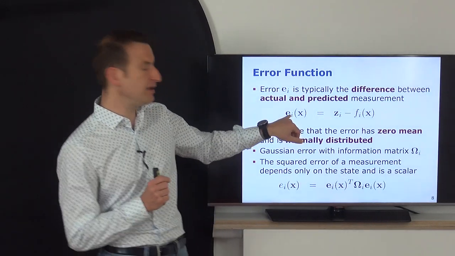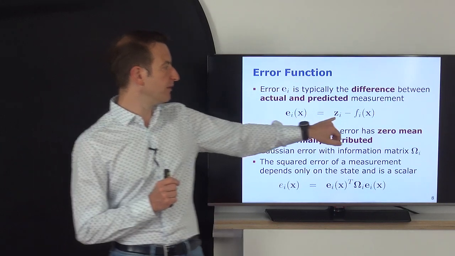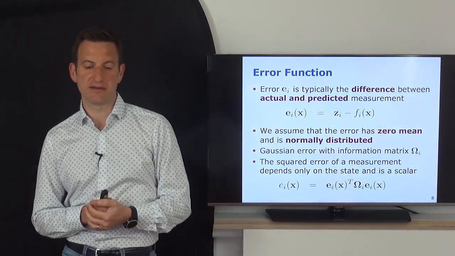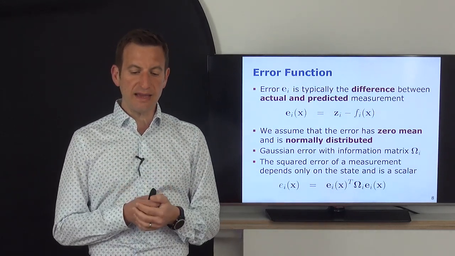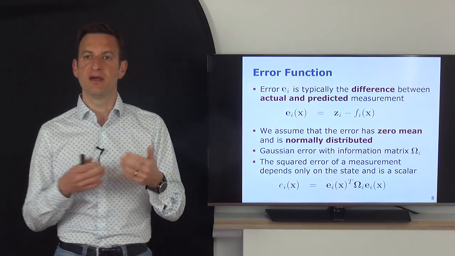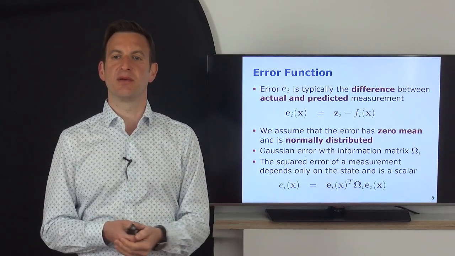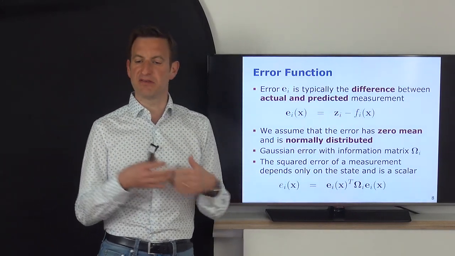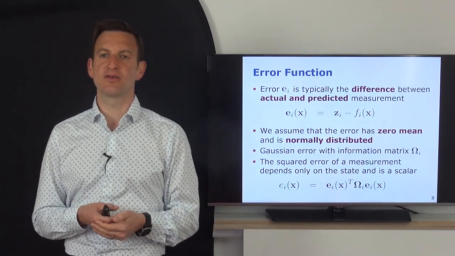So this is a bold e, a vector referring to the difference between the actual measurement and the predicted measurement. And then under the assumption that we have normally distributed variables with zero mean, so there's no bias in there, it's basically just Gaussian noise that my sensor provides.